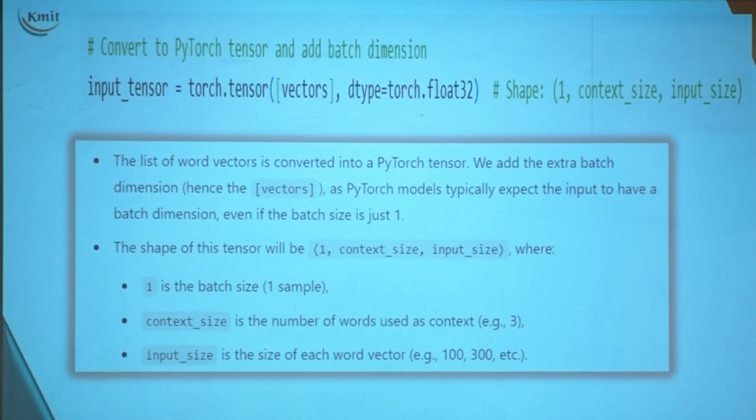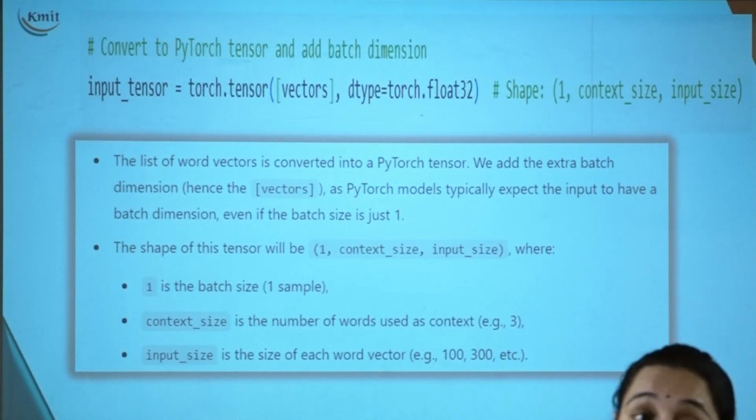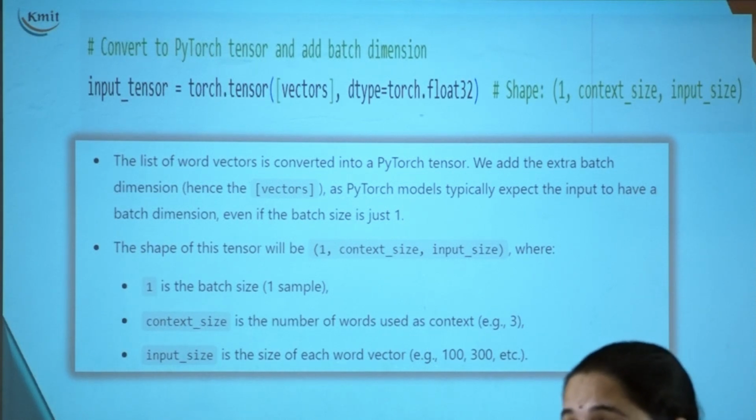Convert to a PyTorch tensor and add the batch dimension. This is very, very important, because I told you what the dimension of your LSTM is. It is in terms of batch size first; there we mentioned batch size was 2.